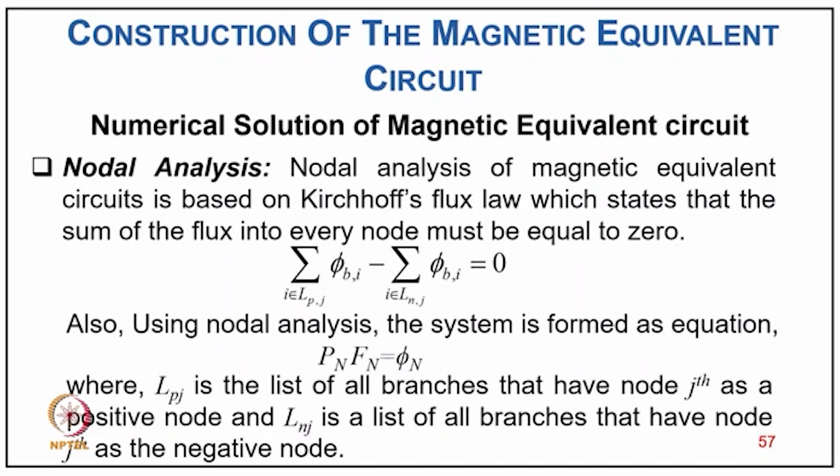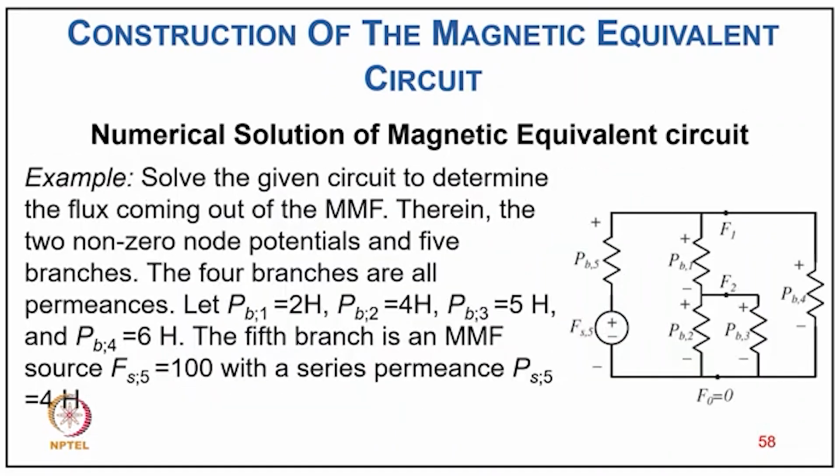So the summation of all the flux, phi over i in Lpj minus phi over i in Lnj, equal to 0. Using nodal analysis, the system of equations is formed as Pn Fn equal to phi, where Lpj is the list of all branches that have node j as the positive node, and Lnj is the list of all branches that have node j as a negative node.